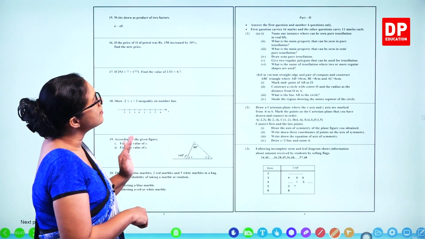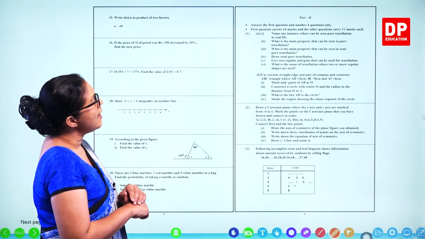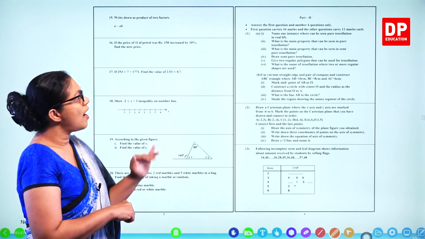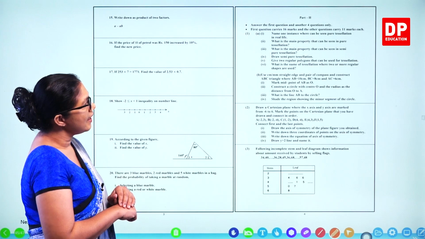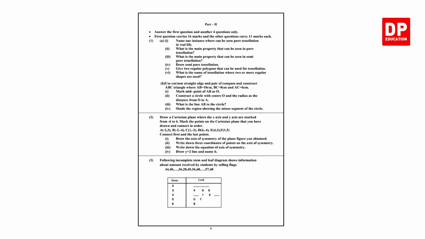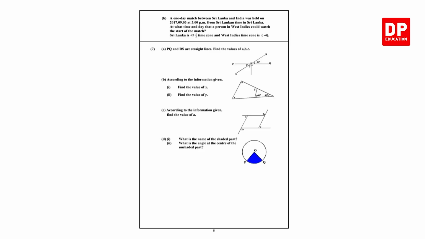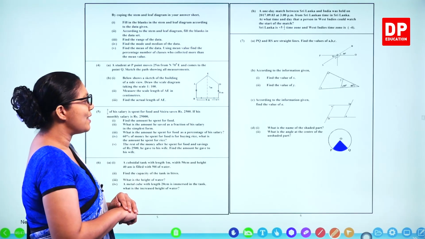You have to answer the first question. You get 16 marks for that and then select 4 questions out of the other questions and 11 marks for each question. So question number 1, 2, 3, then you get 4, 5, 6 and then the last question is 7. So let's do this paper now.